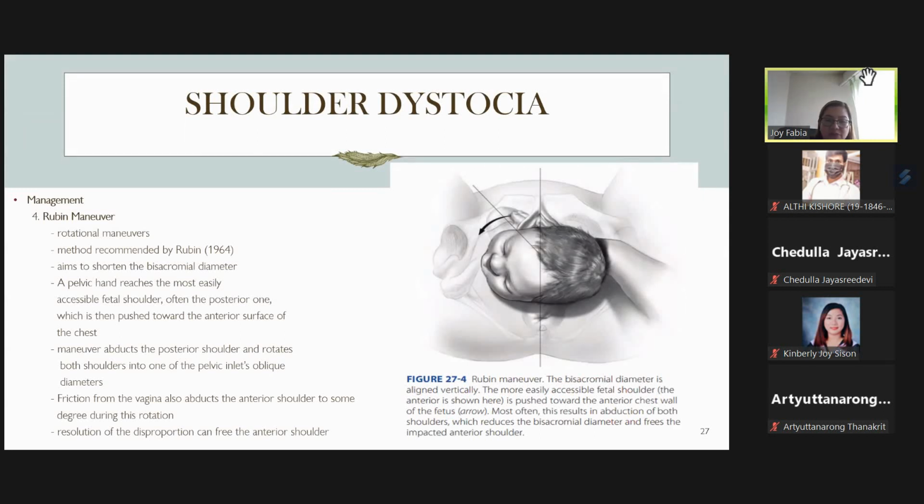The maneuver abducts the posterior shoulder and rotates both shoulders into one of the pelvic inlet's oblique diameters. So there is friction from the vagina that abducts the anterior shoulder to some degree during this rotation. So the resolution of the disproportion can free the anterior shoulder.